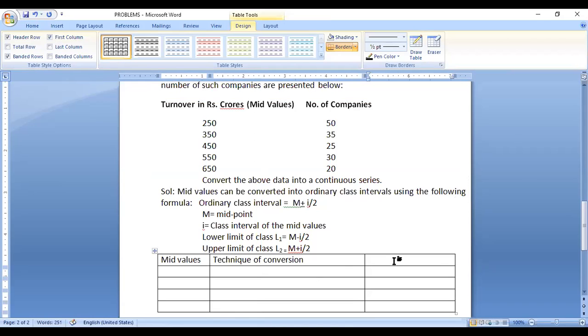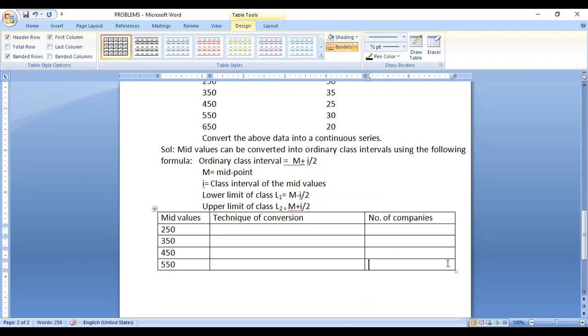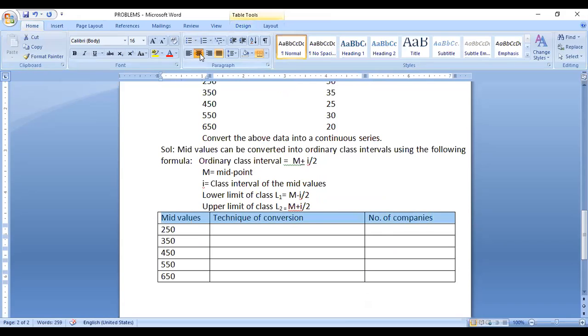Last one is number of companies. Like this. So mid values first of all 250, 350, 450, 550, 650. In technique of conversion, here you try to understand properly.